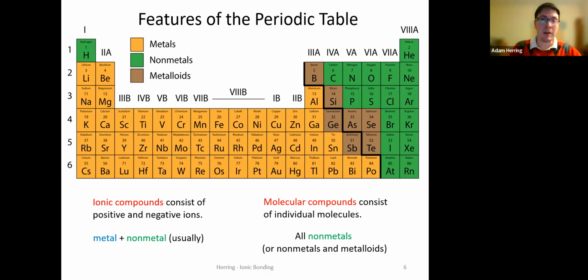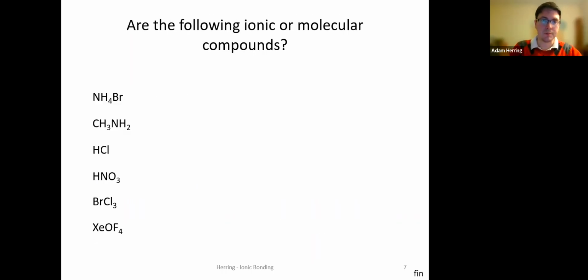And those nonmetals might be monoatomic, they might just be a single element, or they could be combinations of elements, what are called the polyatomic ions. For molecular compounds, again, these consist only of nonmetals or metalloids. We can get combinations of metals, and that forms metallic bonding, but that goes beyond the scope of this video and this course. So let's practice.